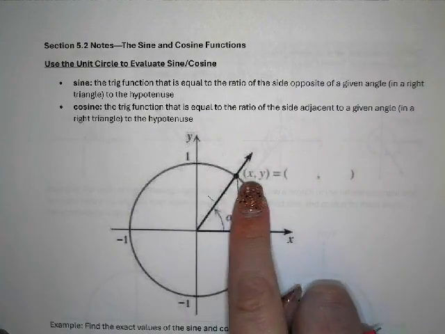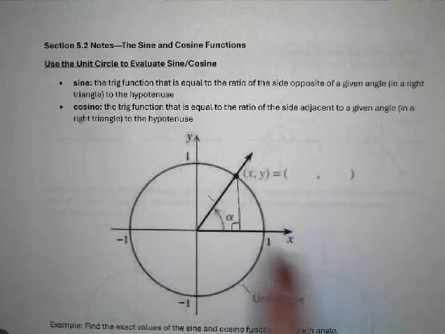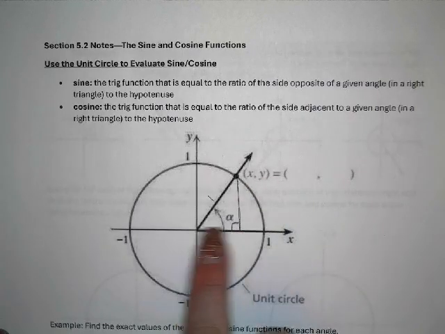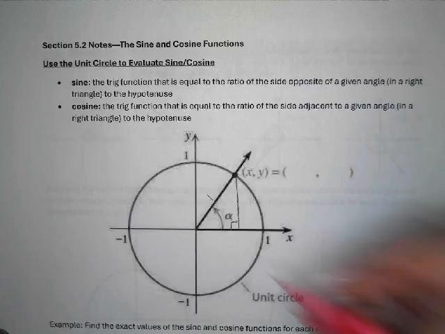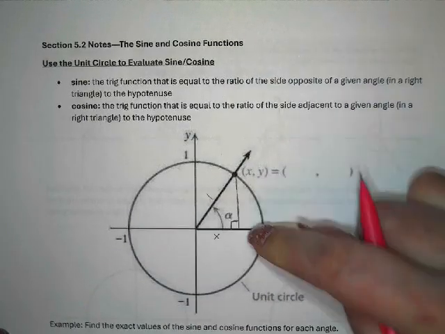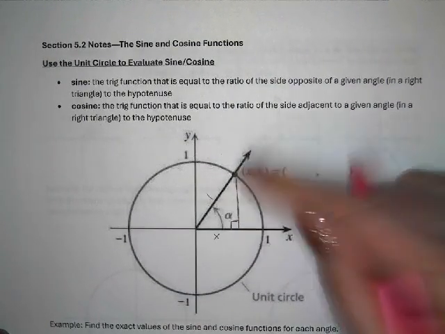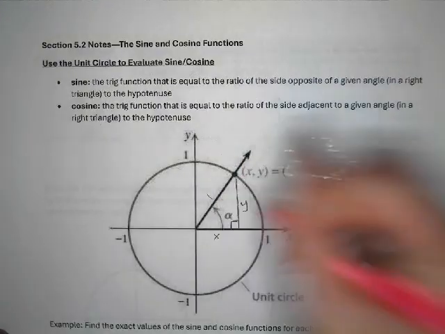Since this point up here is labeled as x and y, this horizontal distance is a length of x, and this vertical distance right here is a length of y.